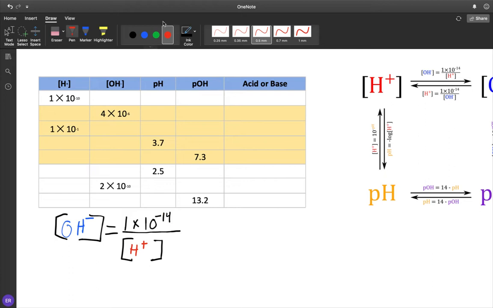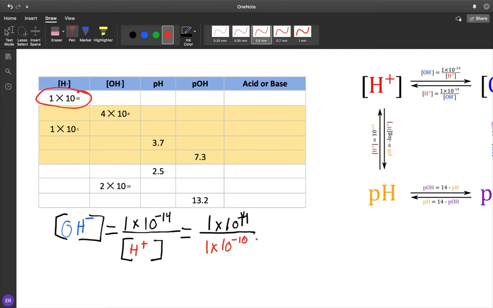Okay, so then let's plug in our numbers. We have 1 times 10 to the negative 14, that does not change, divided by our concentration of H plus, which is this one right here, 1 times 10 to the negative 10.